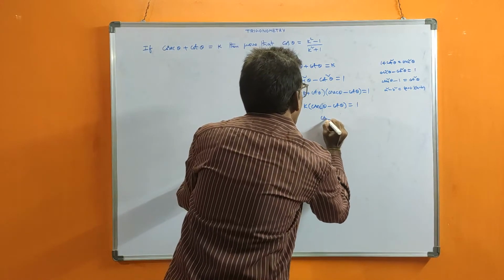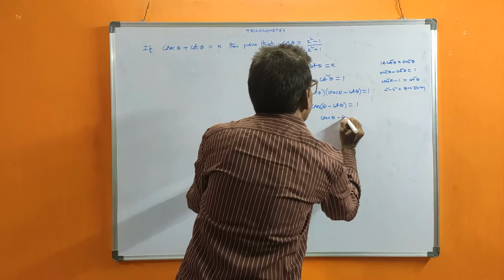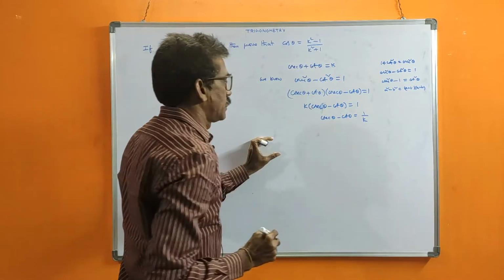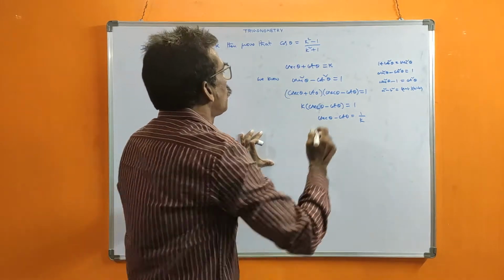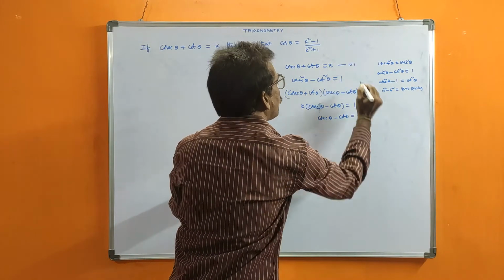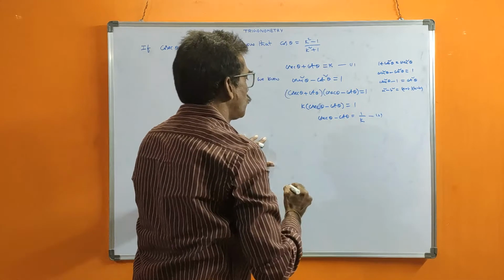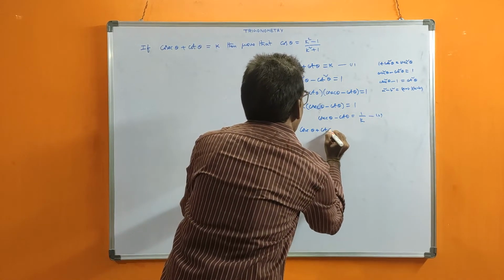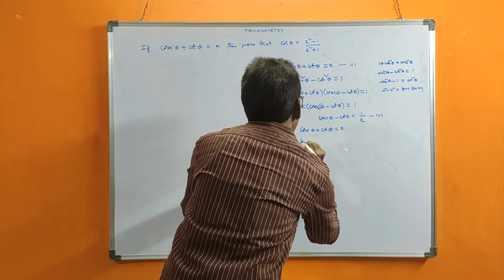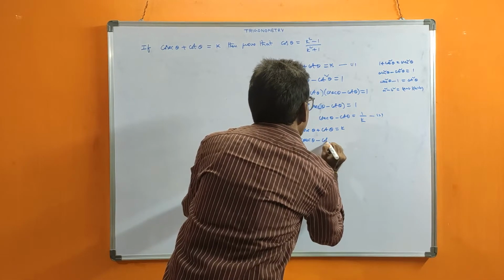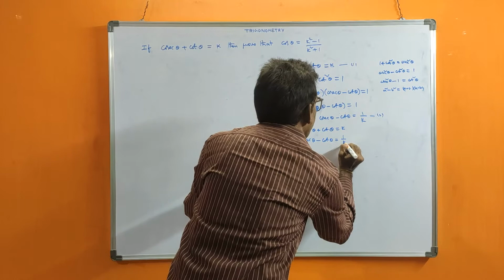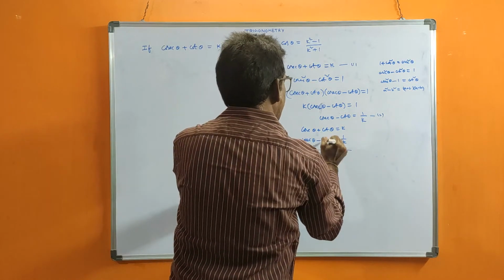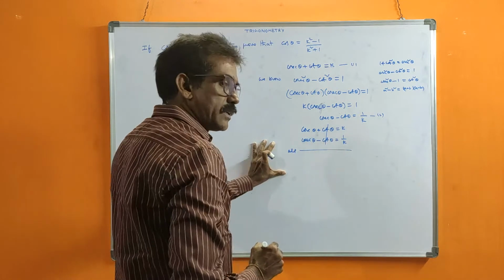We want only cosecant theta minus cot theta, which comes to 1 by k. Now take this as equation 1 and this as equation 2, and solve. See, cosecant theta plus cot theta is equal to k, cosecant theta minus cot theta is equal to 1 by k. So by adding, the plus cot theta and minus cot theta we can cancel.